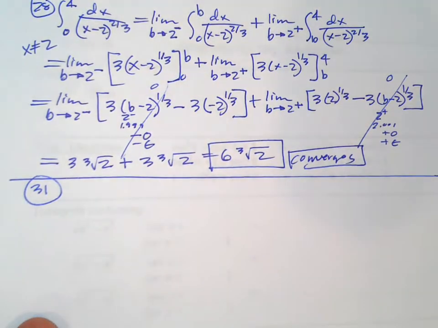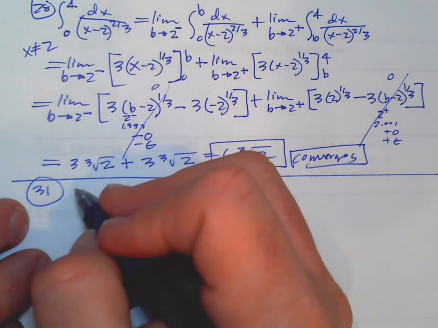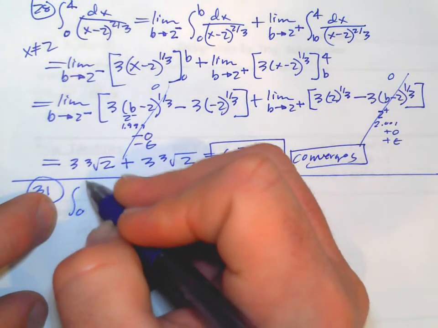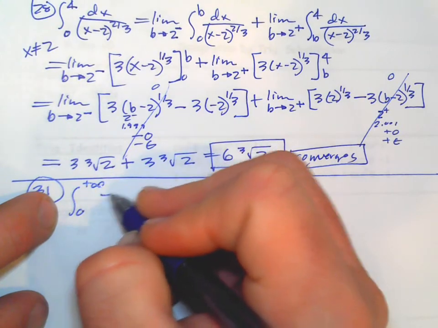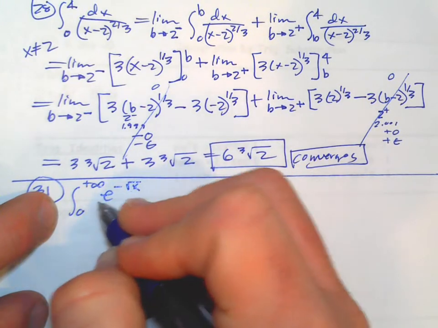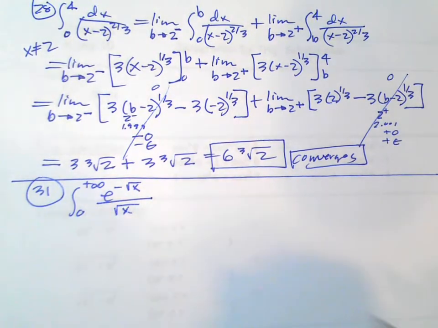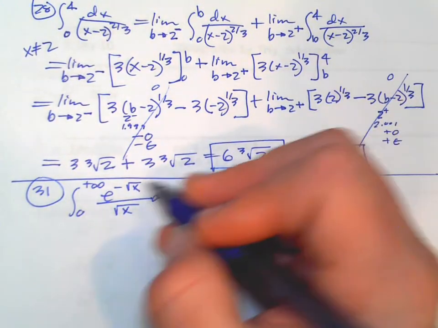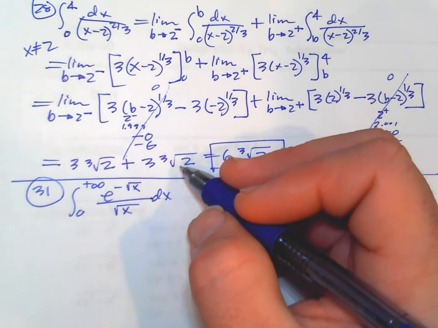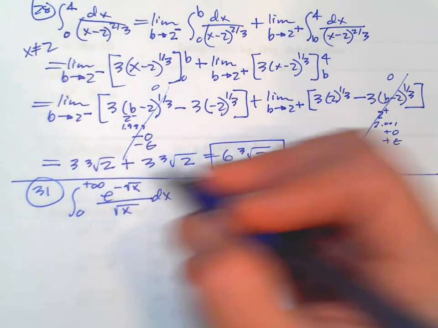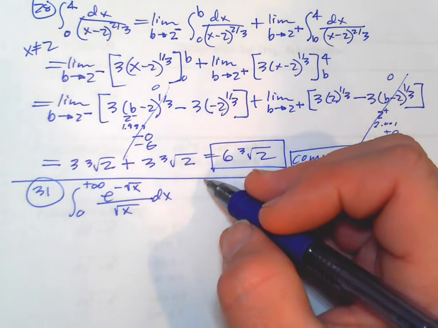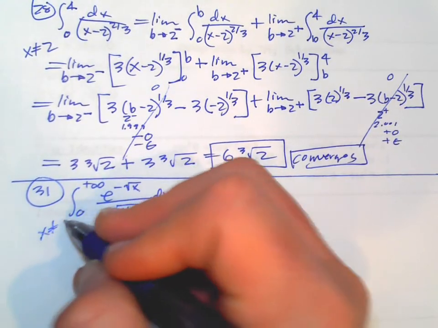All right, 31, last one. The integral from 0 to positive infinity of e to the negative square root of x over square root of x dx. So how are we going to integrate this? I mean, x equals 0 is an issue, right?